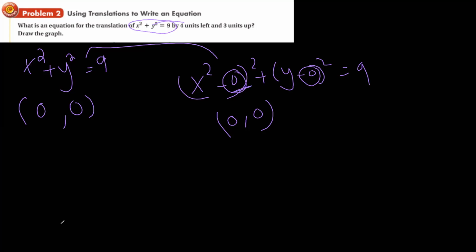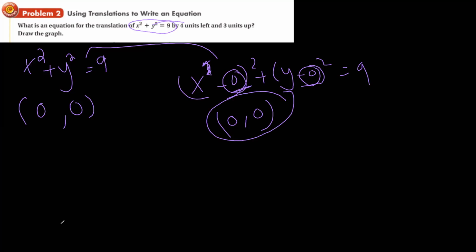It is 0, 0. So if you have x squared plus y squared without any numbers, it's like x minus 0 squared plus y minus 0 squared equals 9. That means the center of the circle is 0, 0.